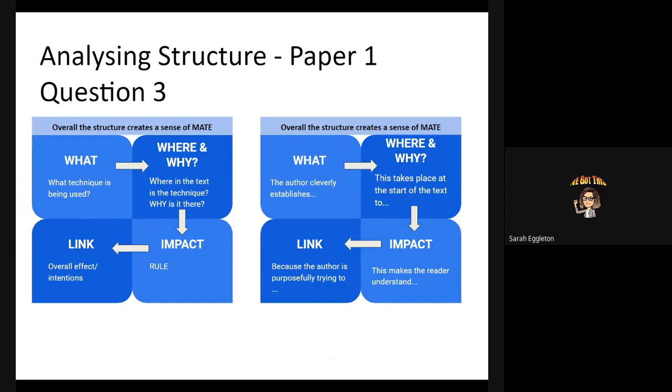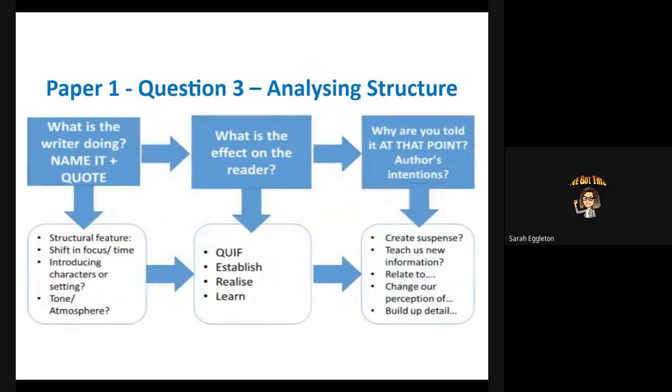And then you can use overall effect and author's intentions. So why is the author doing it? And you can see here that I have put some sentence starters for using that structure. So if you feel a little bit more confident, you can use this structure to answer the question, or this structure.